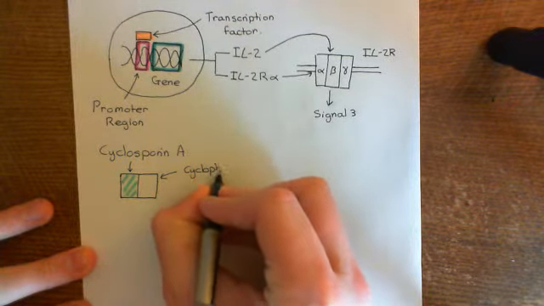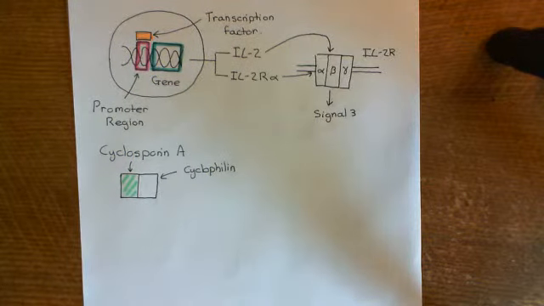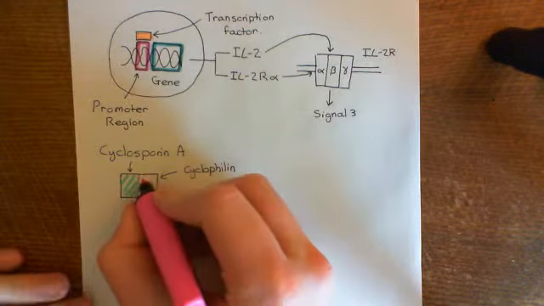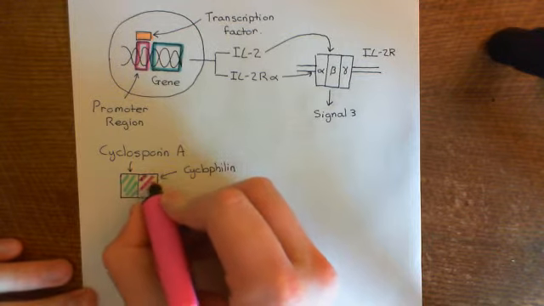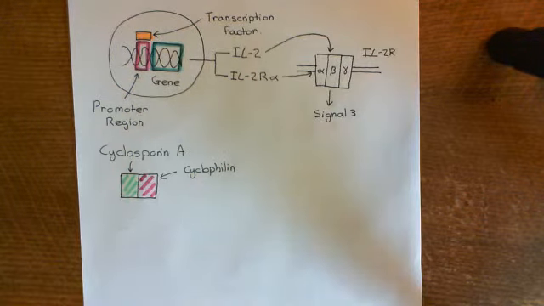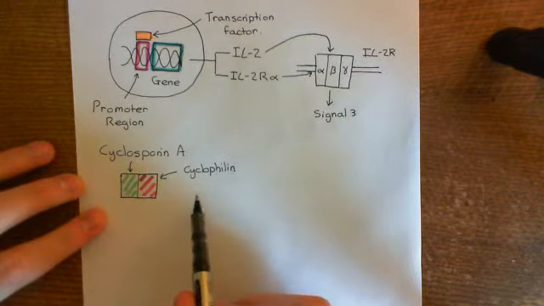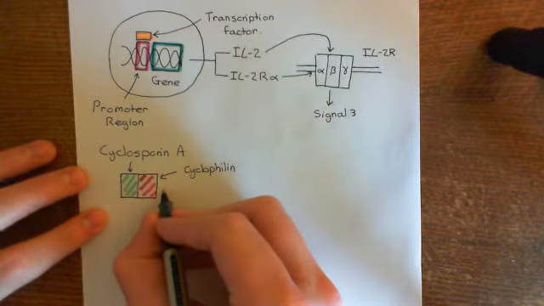So this is the protein cyclophilin, which is in the cytoplasm of the CD4 positive and CD8 positive naive T cells. And now what it will cause is this cyclophilin protein to then go and inhibit calcineurin.